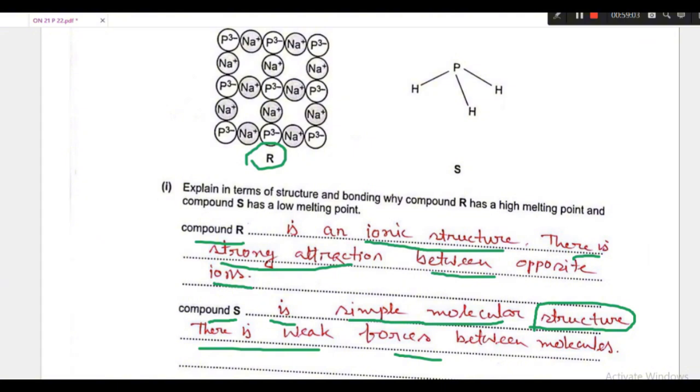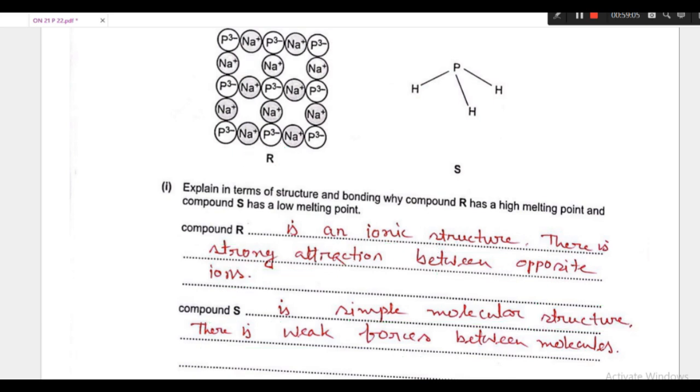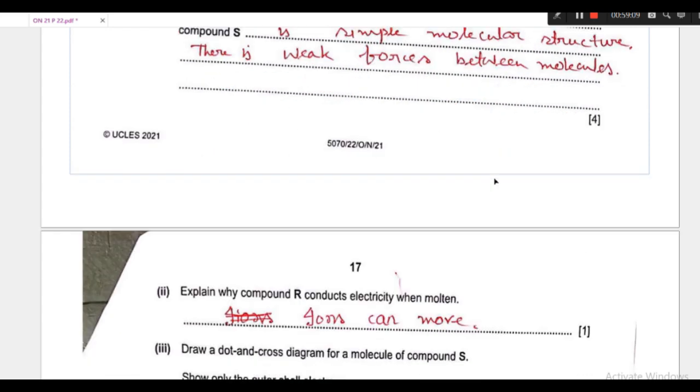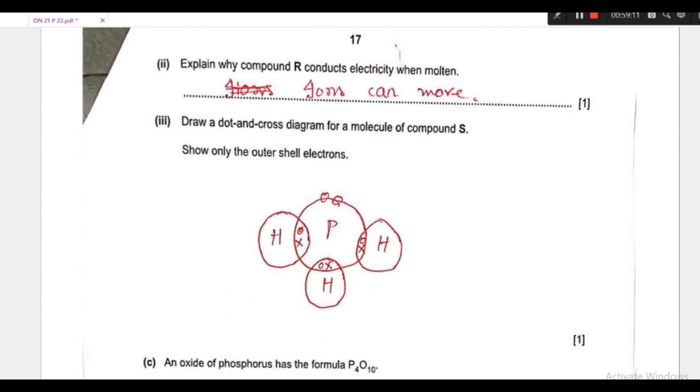Now let's move. Number 2, explain why compound R conducts electricity when molten. You know, compound R is an ionic compound.